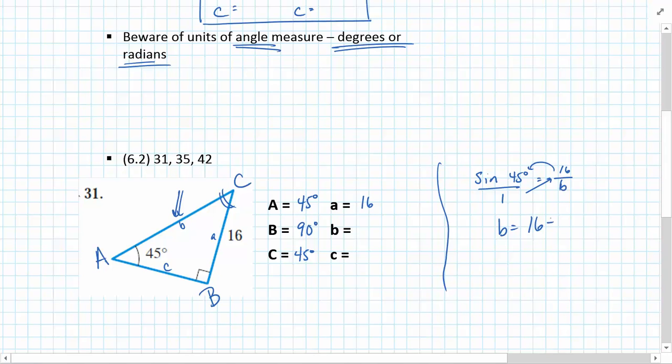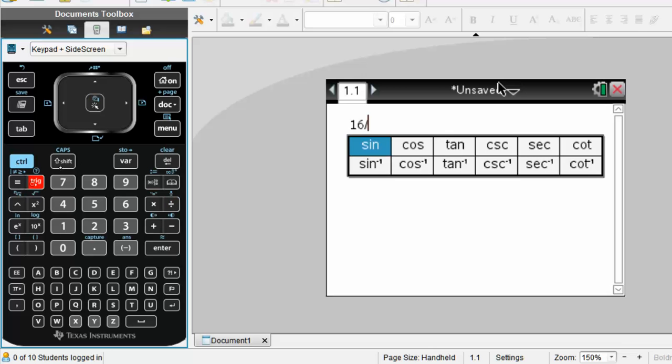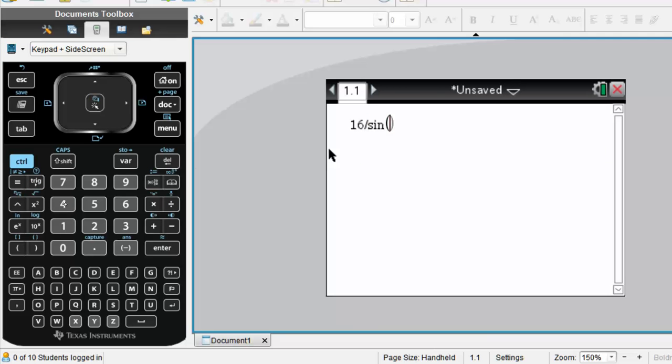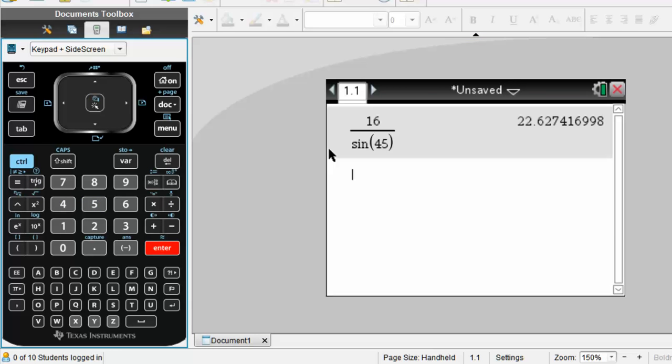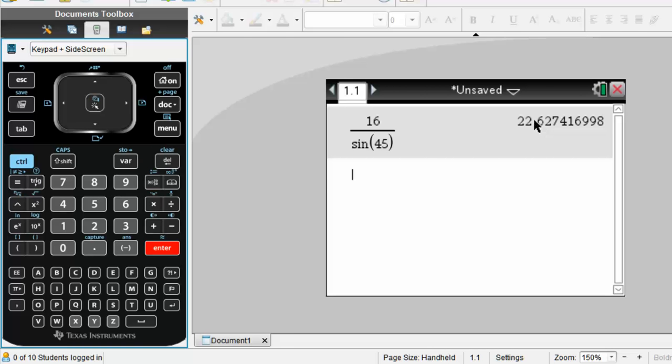So 16 divided by sine of 45 degrees. And going to the calculator, we see that 16 divided by sine of 45 degrees is equal to 22.6274. Let's go ahead and round that to just one decimal place.